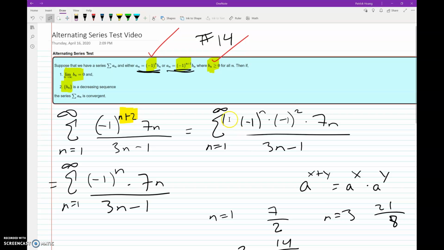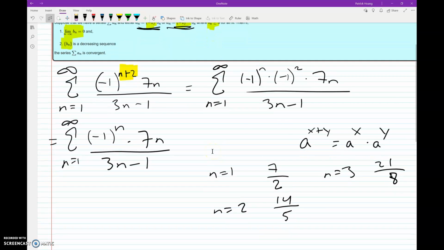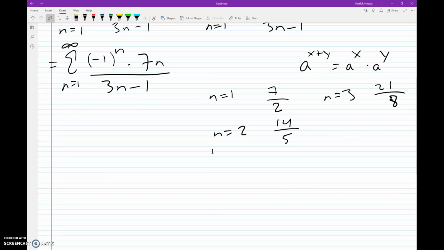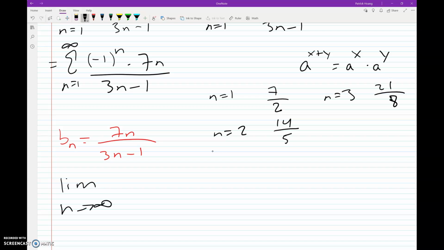Let's look at box number 3. We decided that b sub n is equal to 7n all over 3n minus 1. Is the limit as n approaches infinity of 7n over 3n minus 1 equal to 0? Unfortunately, it's not.